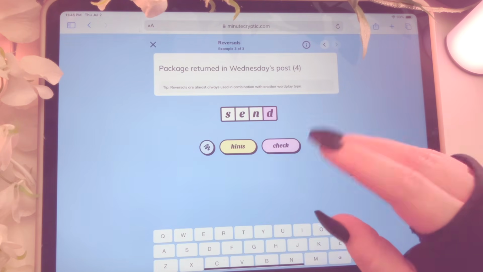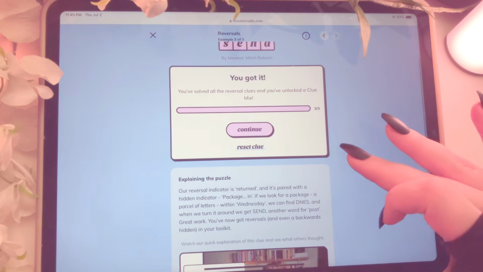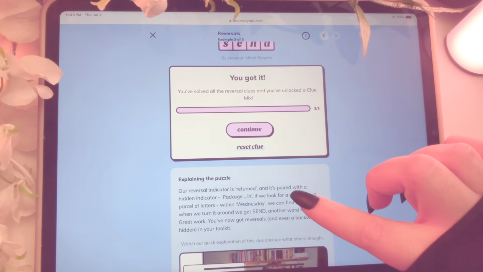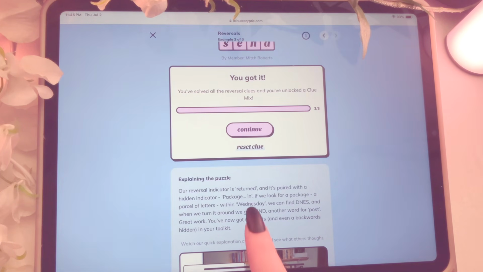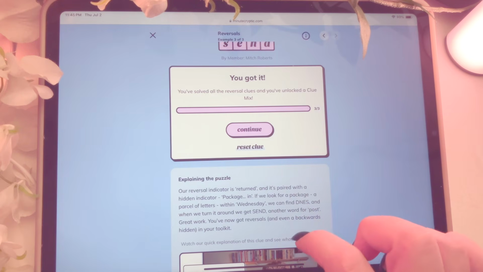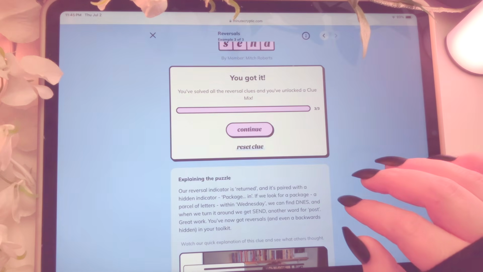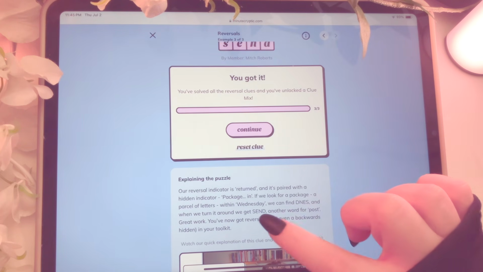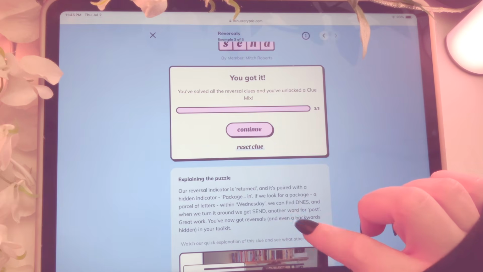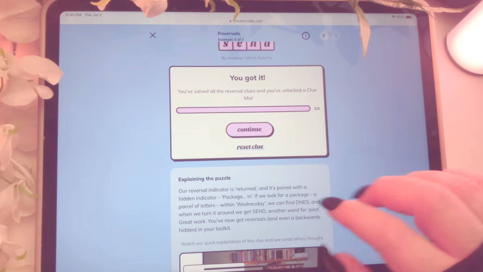A verb meaning to mail something, you send it. Yes. Our reversal indicator is returned and it's paired with a hidden indicator, package in. If we look for a package, a parcel of letters within Wednesday, we can find DNES, and when we turn it around, we get send, another word for post.